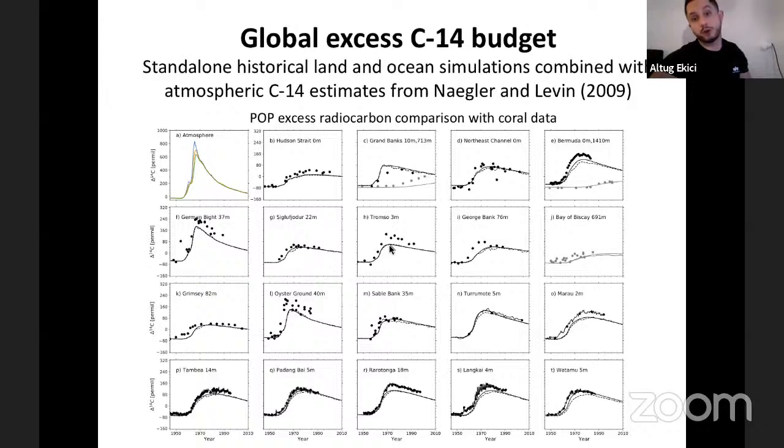So we see POP is doing pretty well, capturing the radiocarbon uptake for different parts of the world and different depths of the ocean for different corals. So this confirms that POP2 is capable of representing this radiocarbon uptake. However, we have to say the general estimate of the global radiocarbon excess budget is underestimated, which is probably due to the NPP of the land CLM model.